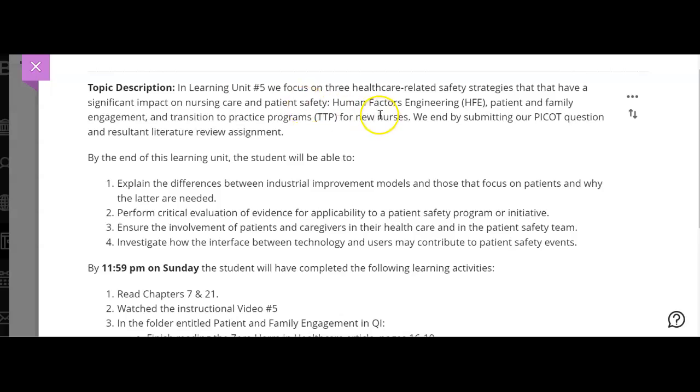Those, again, are human factors engineering, which was defined by our authors as the applied science of system design, which is concerned with the interplay of humans, machines, and the work environment.